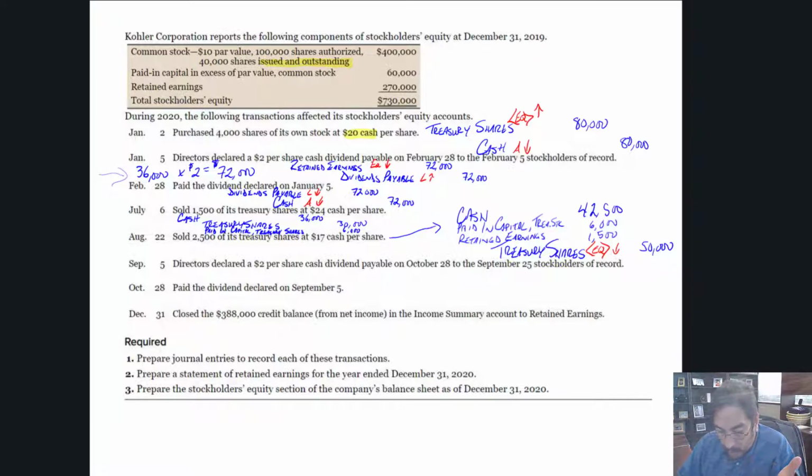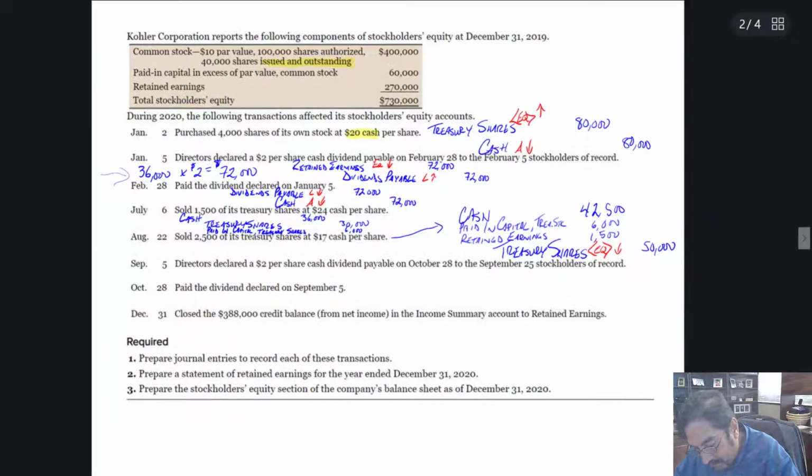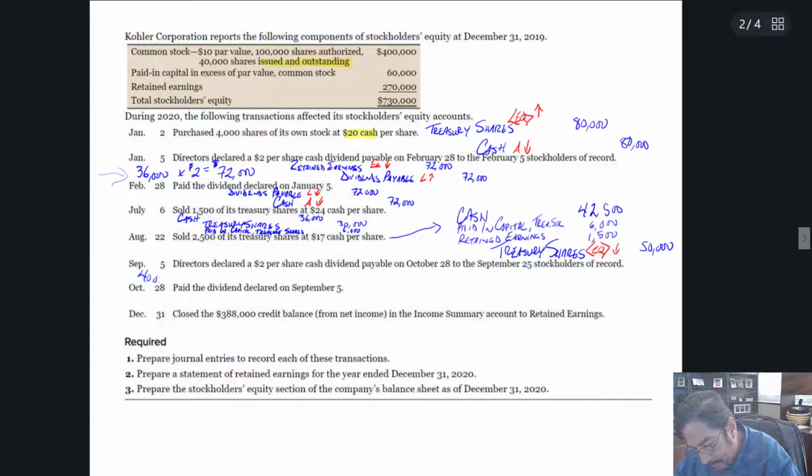All of them, the whole 4,000. So we're back at 40,000 shares outstanding times the $2 dividend is an $80,000 dividend that we've declared.